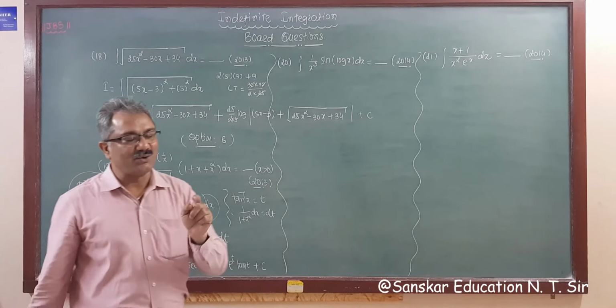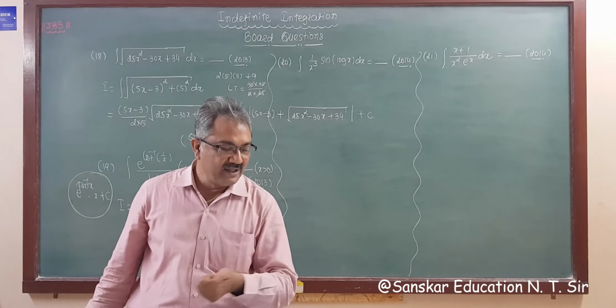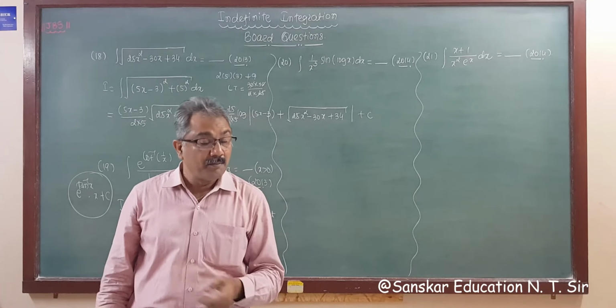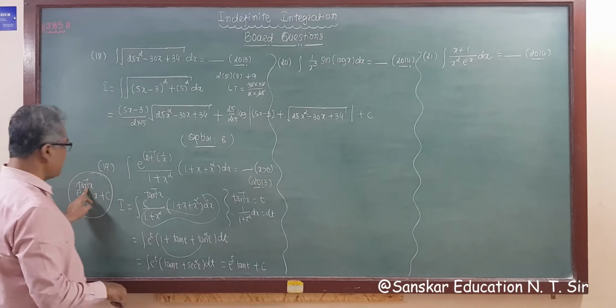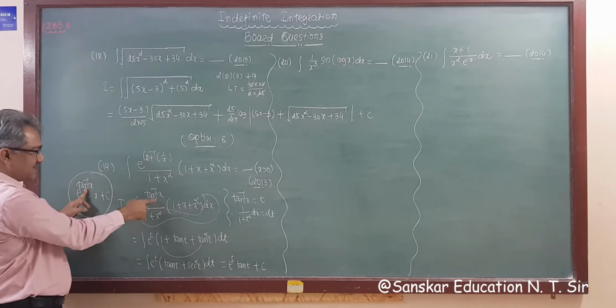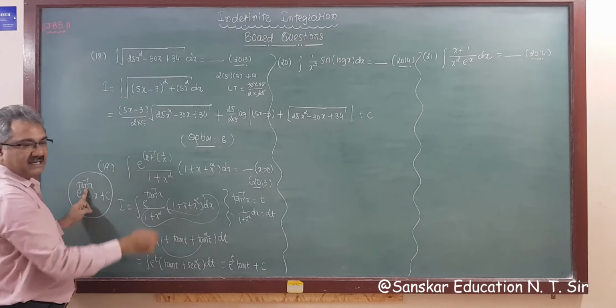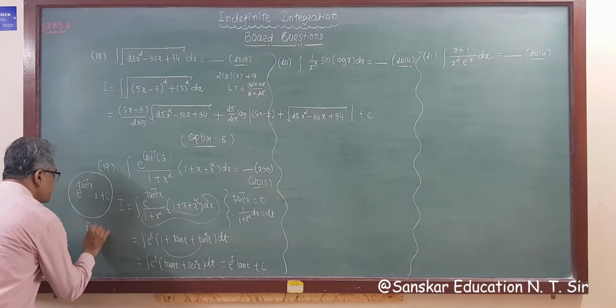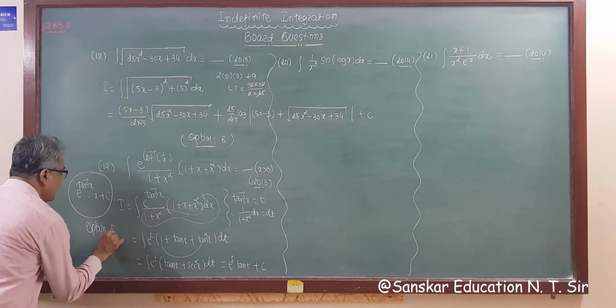But I think that is not given in your PDF. So check out: no tan inverse x is there in the power, but cot inverse of 1 upon x is there. Instead of tan inverse x, we can write cot inverse 1 upon x is tan inverse x. So tan inverse x is cot inverse of 1 upon x. That is option number B is again your correct answer. So option B is your correct answer.